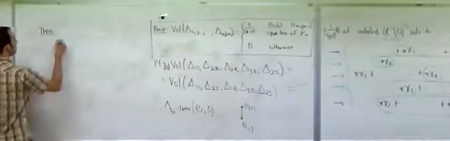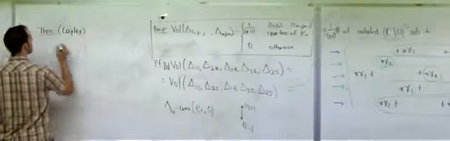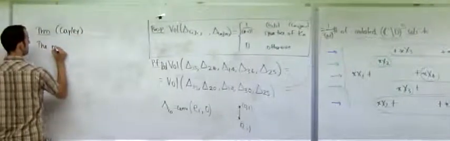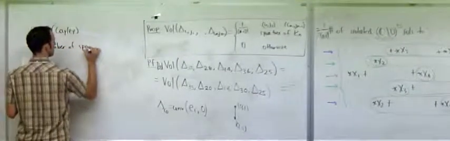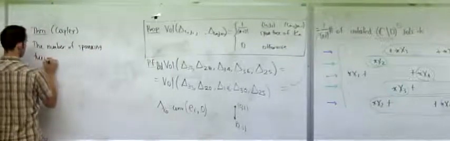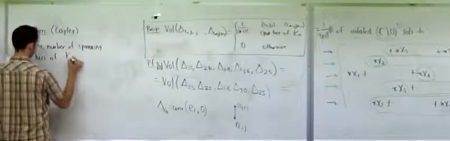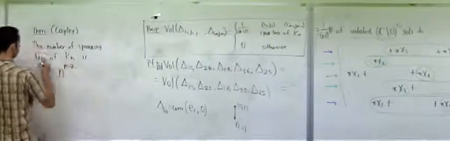Theorem due to Cayley: the number of spanning trees of the complete graph is n to the n minus 2.